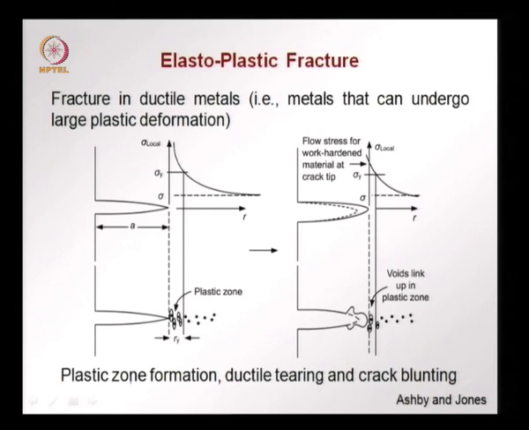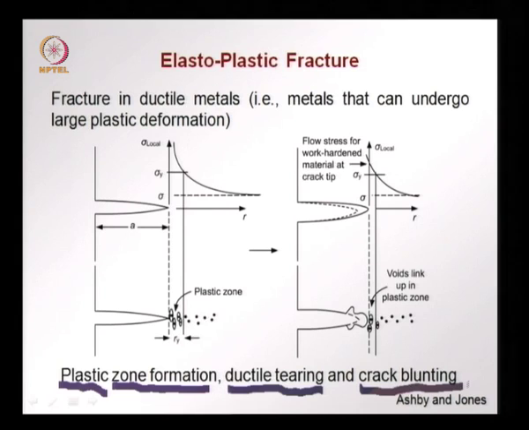So there is a toughening effect, or a beneficial effect to arrest the crack, due to the formation of the plastic zone, ductile tearing and crack blunting. In metals it is common even in practice to stop a crack from propagating by drilling a small hole at the edge of the crack, so that the crack sharpness is lost and you have a blunt crack.